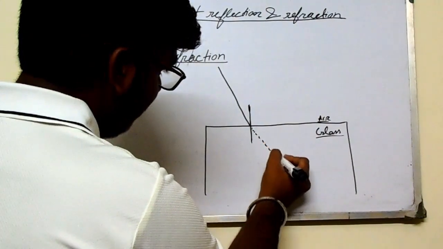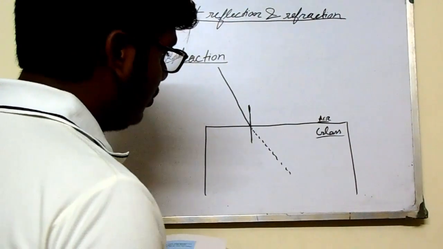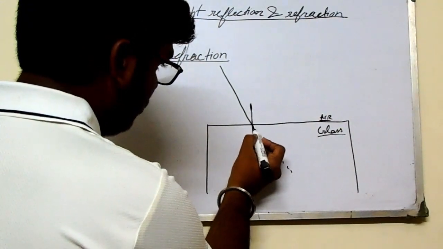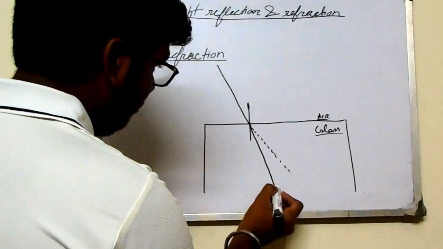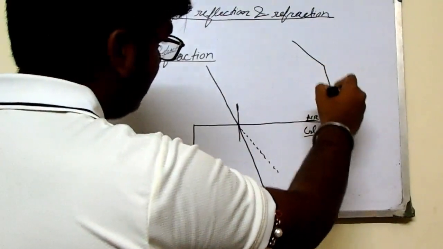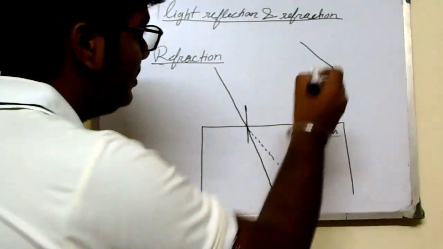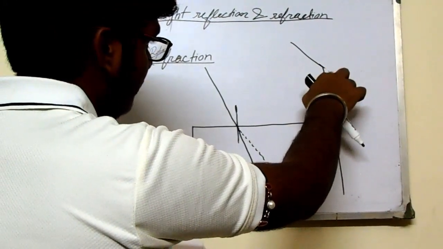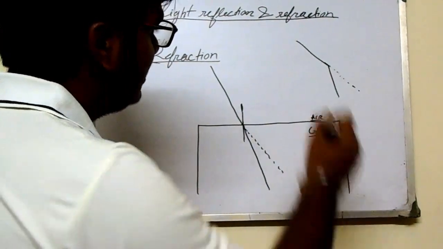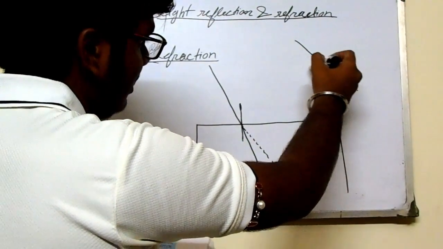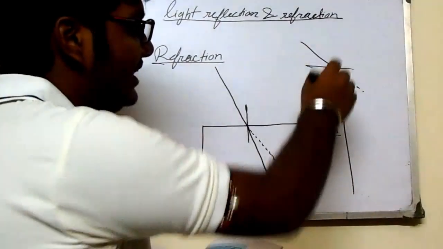It would go like this way if straight, but no, it will move towards the normal. So it will go in this way. It is not going straight. Instead of going straight, it is changing its way. It's bending. A ray of light is bending.